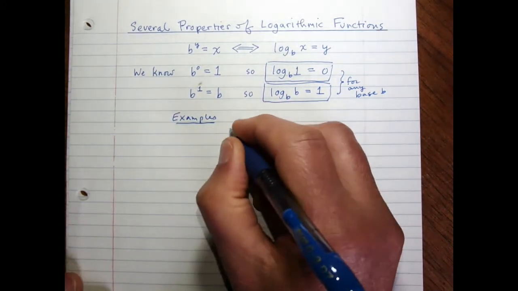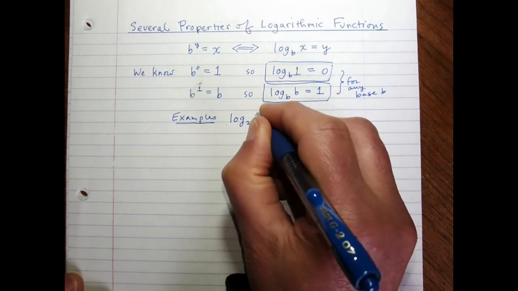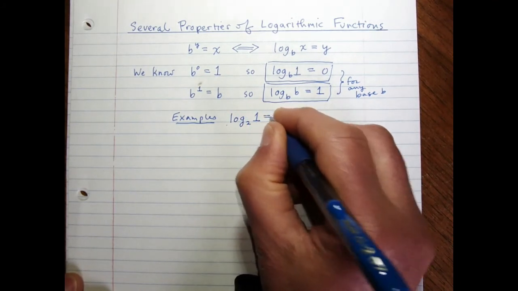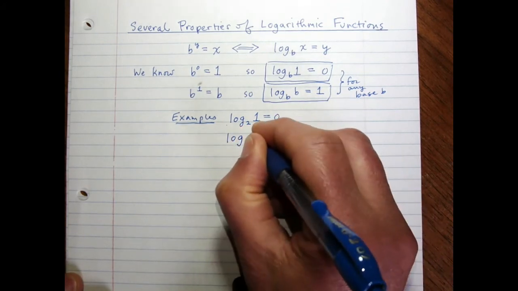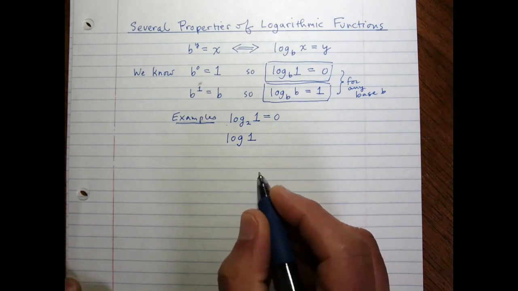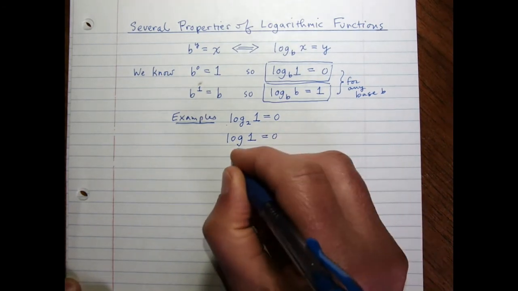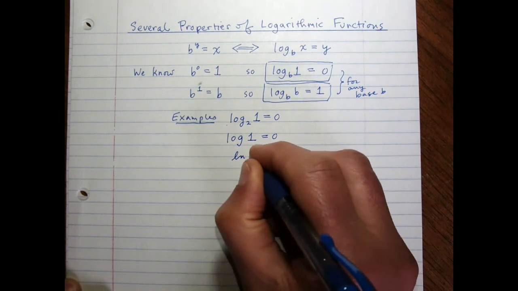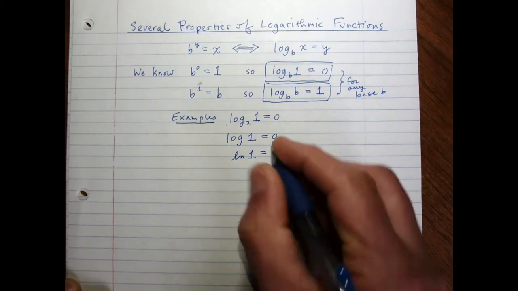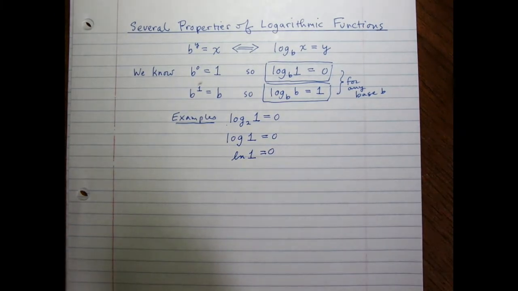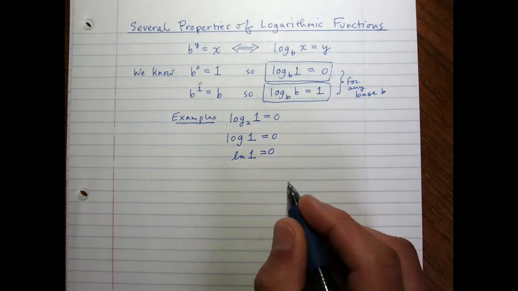So if I say log base 2 of 1, that's got to be 0. If I say log of 1, which is understood to be log base 10 of 1, that's got to be 0. If I say ln of 1, that's log base e of 1, that has to be 0. Those are all examples of this log base b of 1 is 0.